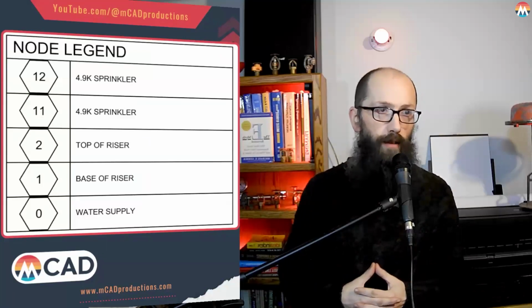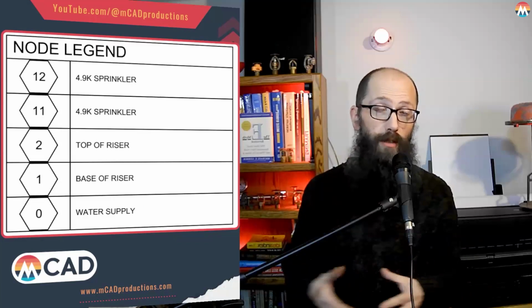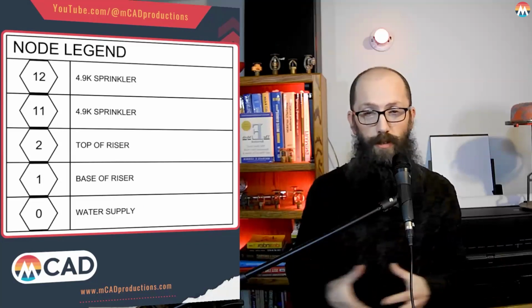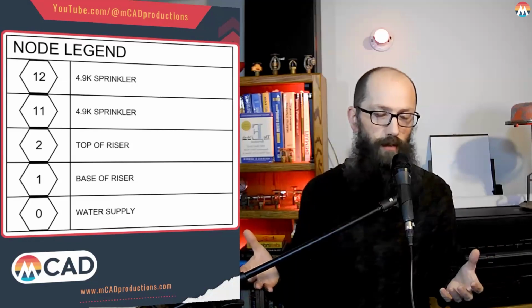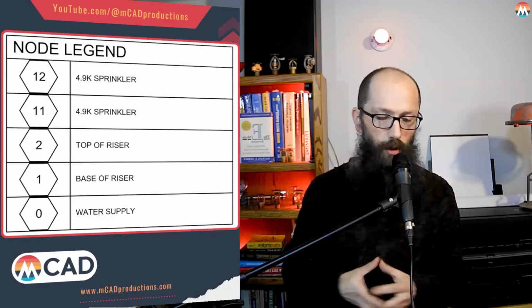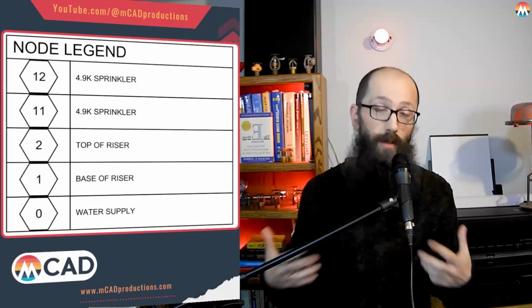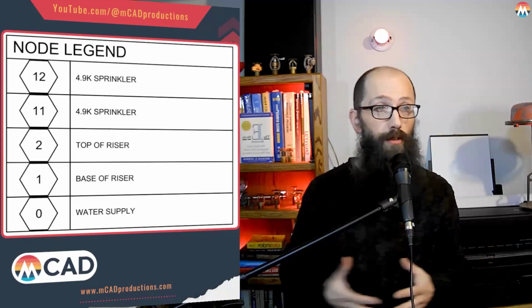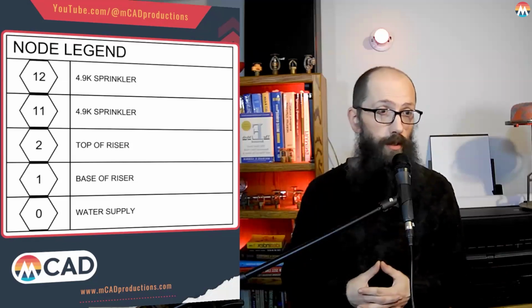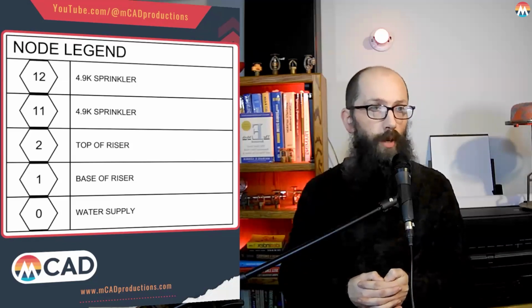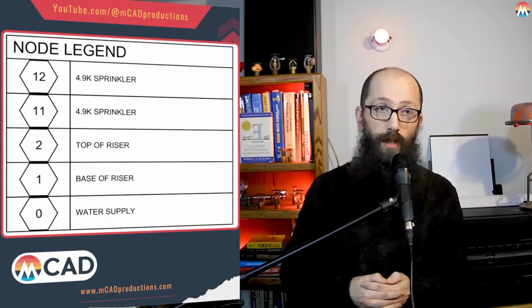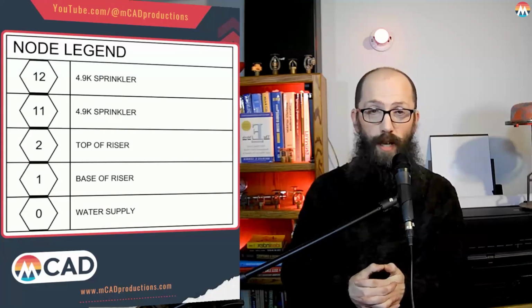We always have 0 representing the water supply, and that is because one of the limitations of Sigma, our hydraulic calculation program, is that the source has to always be 0. All of the other numbers can be anything, but they have to be numbers. And so we always represent 0 as the water supply, 1 as the base of the riser.